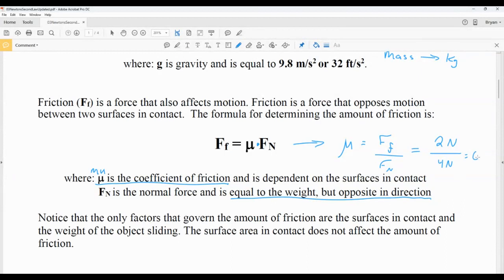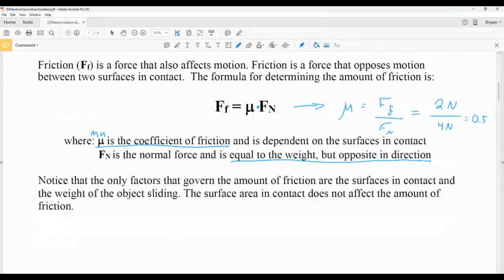Then we'd end up with a mu value of 0.5 and no units on them because we'd have newtons divided by newtons. As it turns out, 0.5 is actually a relatively high value for friction. A lot of times they're in the point 0.100 to 0.300 sort of range, but there are lots of available options.